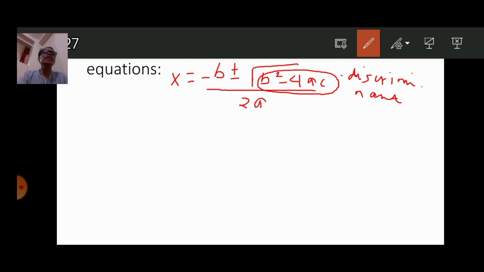Okay, it is the discriminant that determines or characterizes the nature of the roots of the quadratic equation. So this is the discriminant, and this is the nature of the roots.